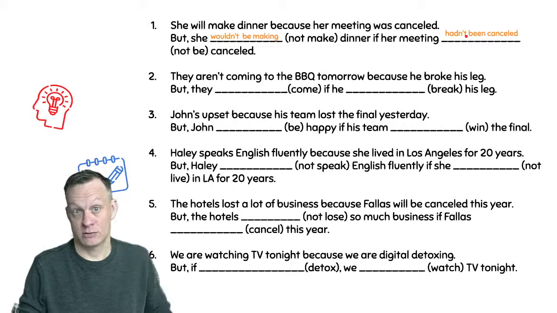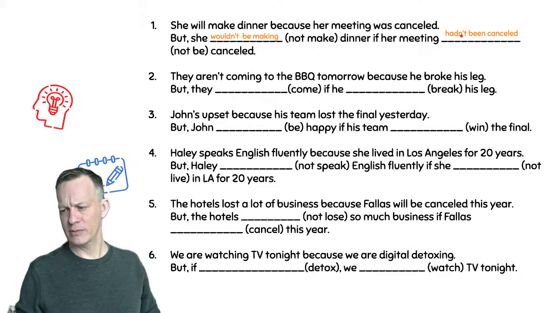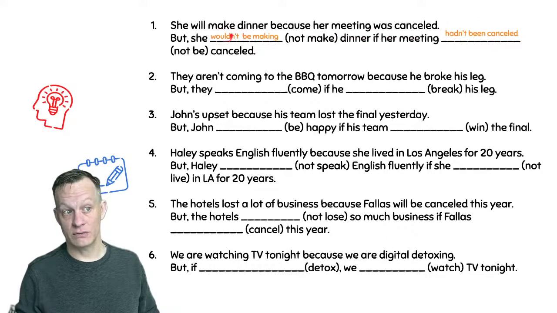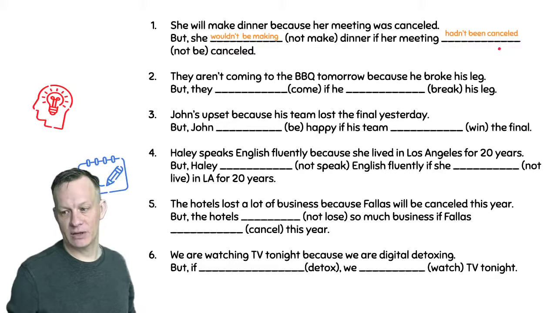But it was canceled. She's making dinner. But she wasn't making dinner if her meeting would have been canceled. Okay, be careful, Enrique. You cannot mix the would or the main clause in the if clause. Okay, so the conditional of the would, here, cannot be in this clause here. Okay, be careful with that, Enrique.